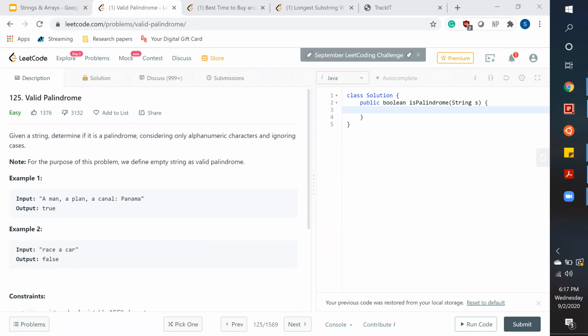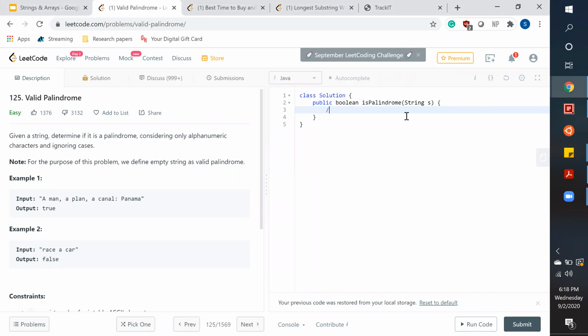So I'm seeing different thoughts here. Someone said you could do basic traversal. What exactly do you mean by basic traversal? Start with a variable low as the first character, high as the last. Check that high and low are equal. If they're not, return false. Okay, exactly.